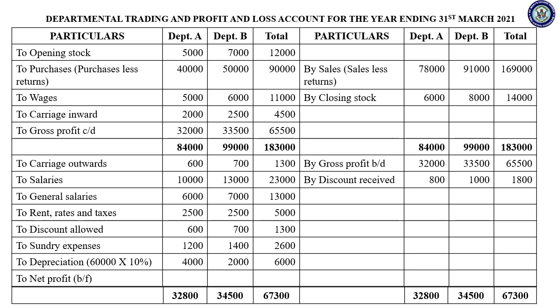So 32,800 department A minus 600, minus 10,000, minus 6,000, minus 2,500, minus 600, minus 1,200, minus 4,000. So department B 34,500. From that deduct the debit side, that is 700. So after the total, okay, you don't consider the opening stock, purchase, wages, carriage inward and gross profit. So from here you have to consider.